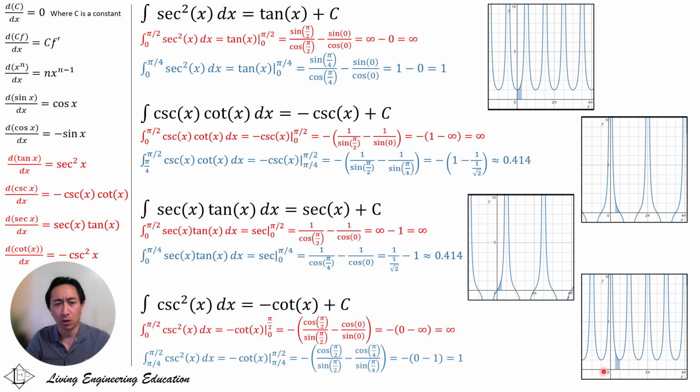Right? So this is just a demonstration of what the trig functions that we derive from a derivative standpoint can be applied in for integrals just by using that definition that it's the reverse essentially, right?